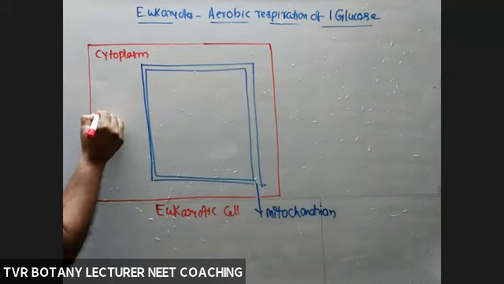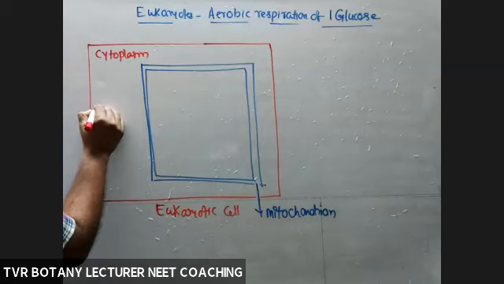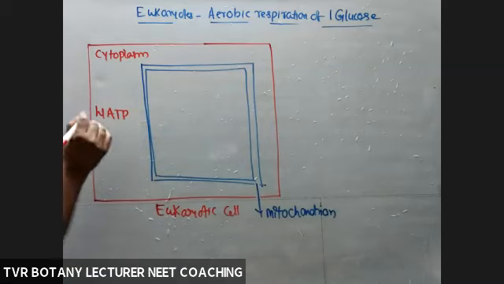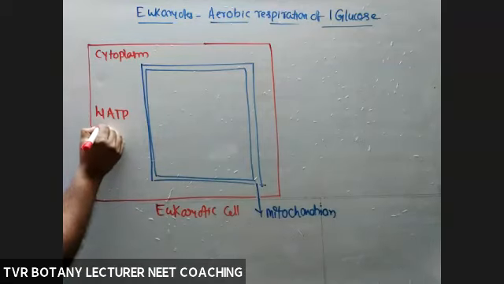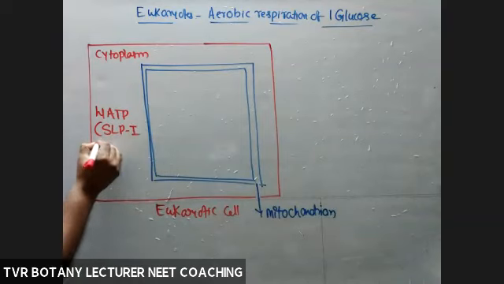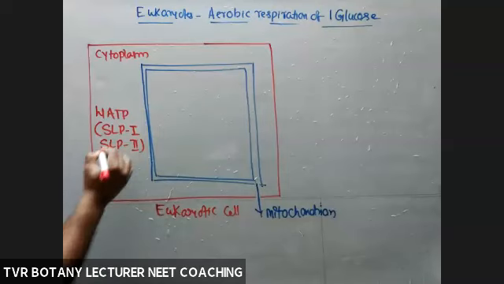Okay, so ATP production: within the cytoplasm, how many ATP molecules are produced? 4 molecules of ATP are produced, during SLP1 and SLP2. 2 into 2, 4.